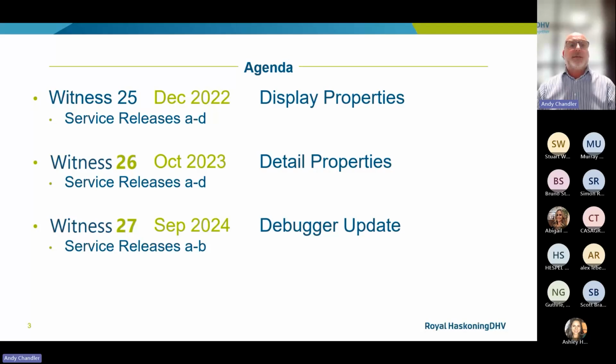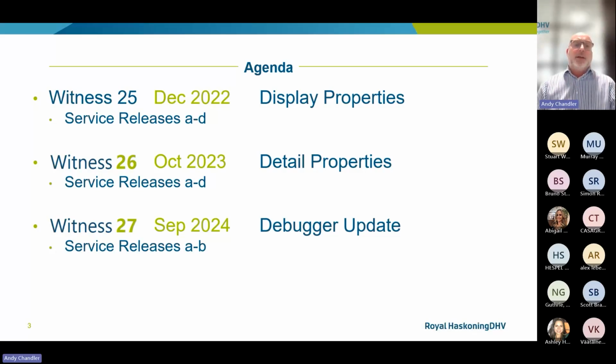Yeah, we'll work through these. Just looking at the key focus of these different releases, where we started by making a change to the interaction with display properties. So replaced the display bar and the draw and the update dialogues for all of the graphical items.